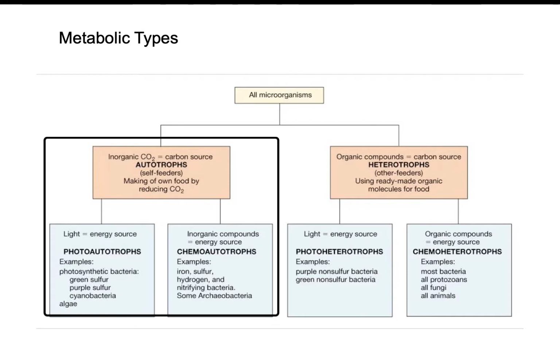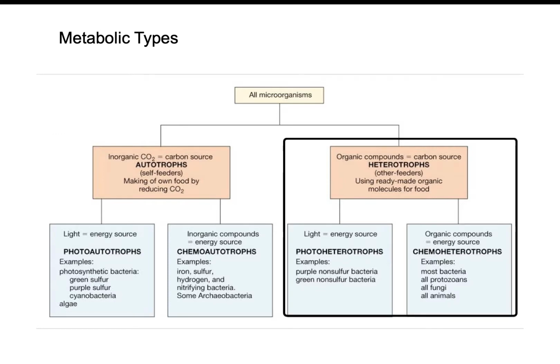Those are autotrophs that can use inorganic CO2 as a carbon source, fix that into other compounds to make their organic compounds needed in their cells. The other types are heterotrophs, such as us, where we cannot fix our own CO2.